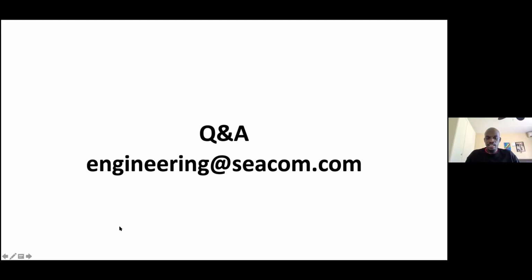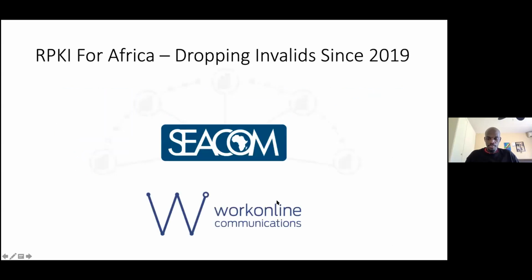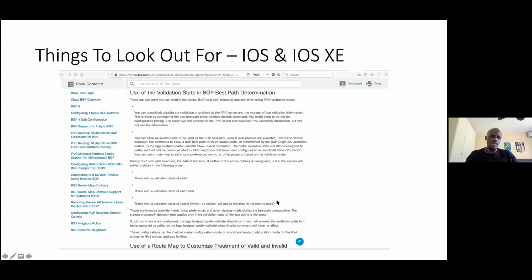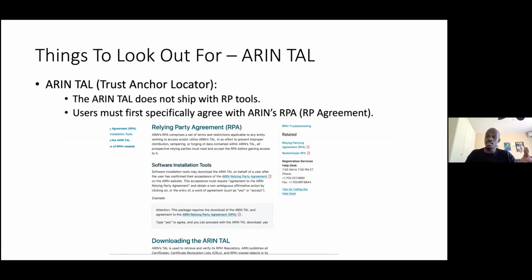Yeah, thanks, Michelle. So I think the ones that I showed here tend to be the typical ones. These are the ones that I was talking about towards the end. This ARIN one is a big one.